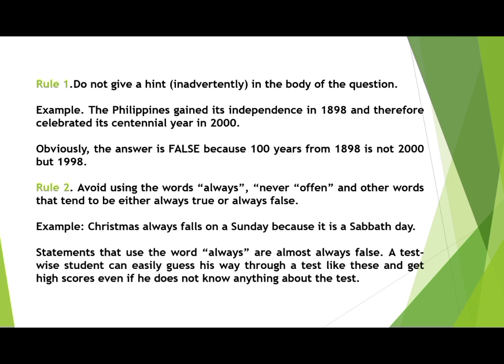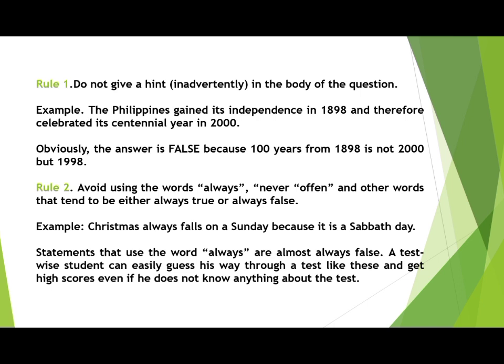So, number 2 is avoid using the words always, never, often, and other words that tend to be either always true or always false. So, dapat, if maghatag test nga true or false, i-avoid gid ang paggamit sa mga amo na nga words. Example, Christmas always falls on Sunday because it is a Sabbath day. Sa statement pa lang, obvious na ang always.